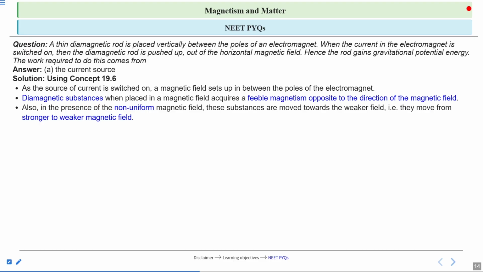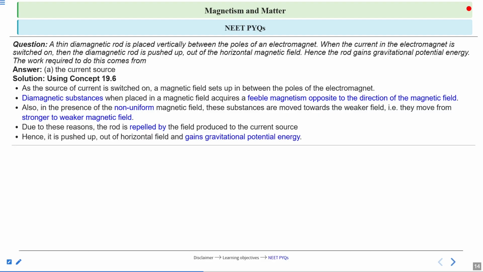Inside the solenoid there is a stronger magnetic field. Outside the solenoid there is a relatively weaker magnetic field region. That's why this rod will be pushed up. Due to these reasons, the rod is repelled by the field produced by the current source.